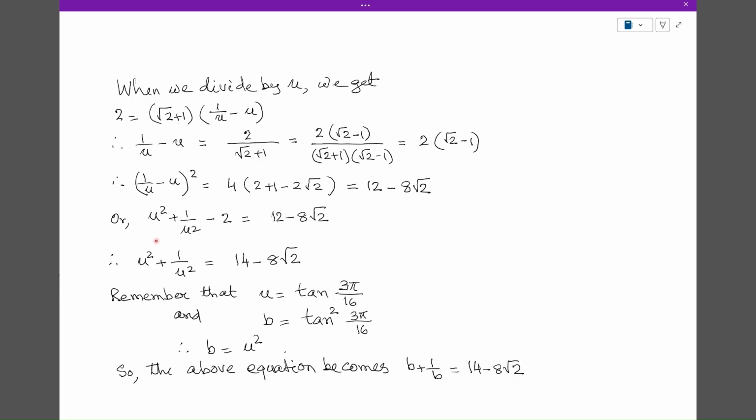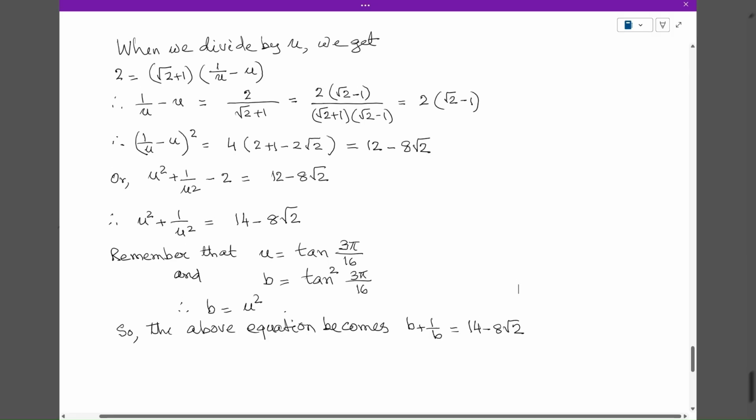So, u square plus 1 by u square minus 2 is the value when we square this, and the right hand side is 12 minus 8 multiplied by square root of 2. Therefore, u square plus 1 by u square is equal to 14 minus 8 multiplied by square root of 2.